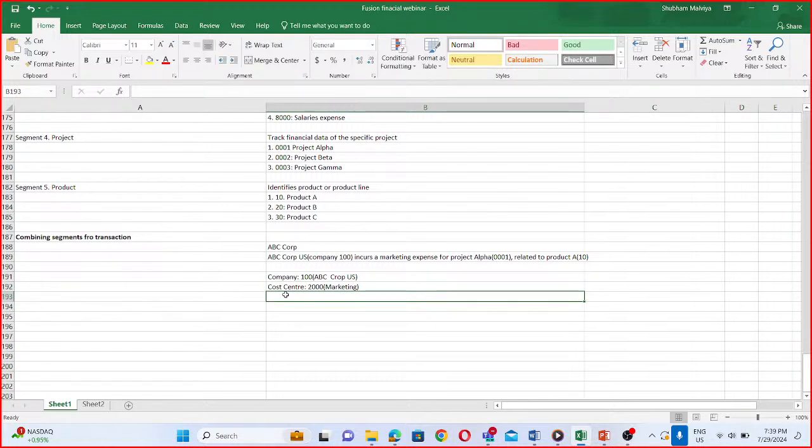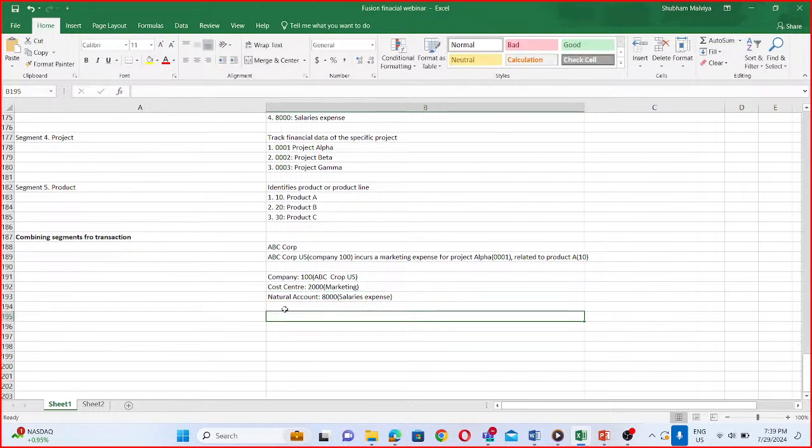Then the third segment would be natural account, whose code is 8000, which belongs to salaries expense.